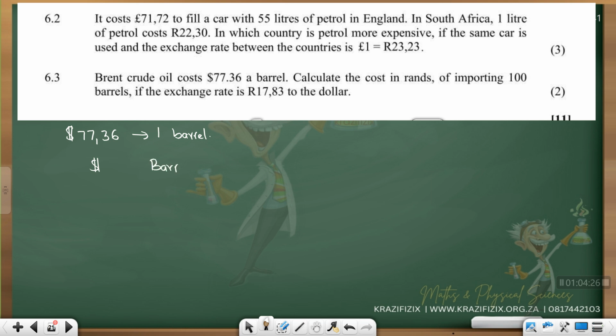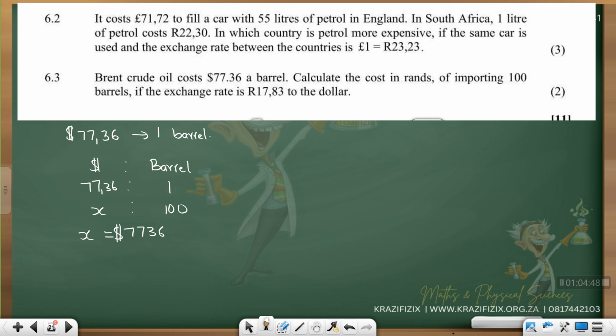Whenever I am comparing two things, I just like to do this. So 77.36 is for 1 barrel. What about 100 barrels? I don't know the amount, X. If we cross multiply that would give you 7736. And this is what? In dollars.